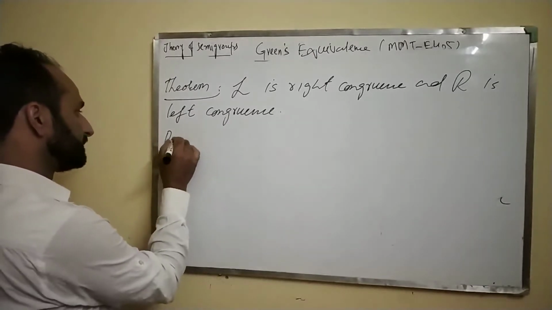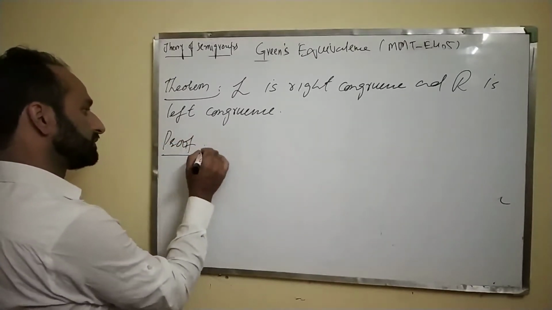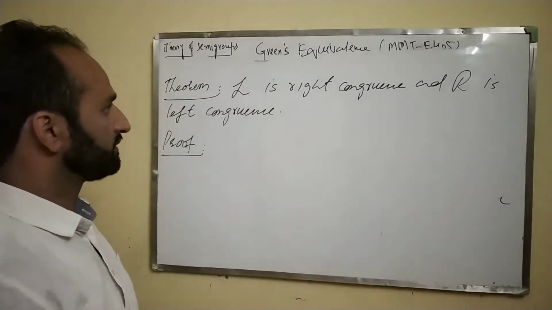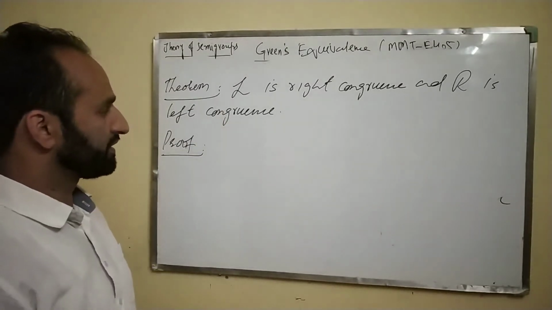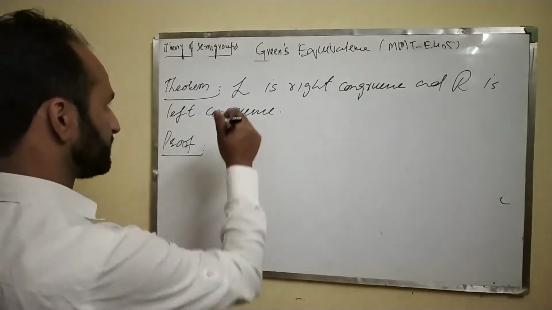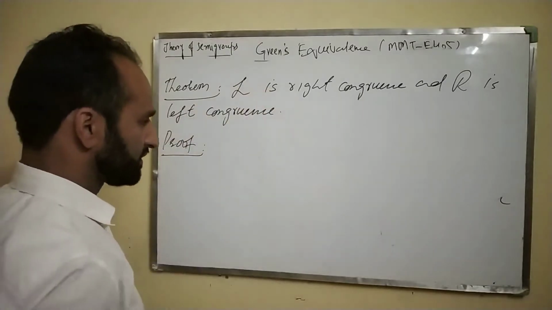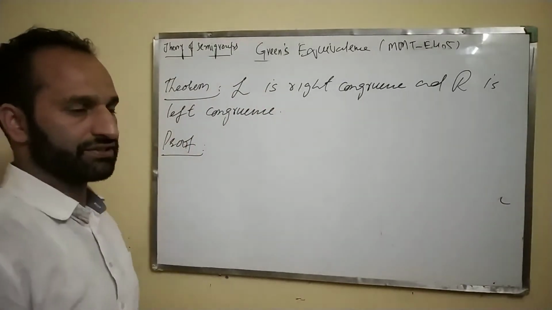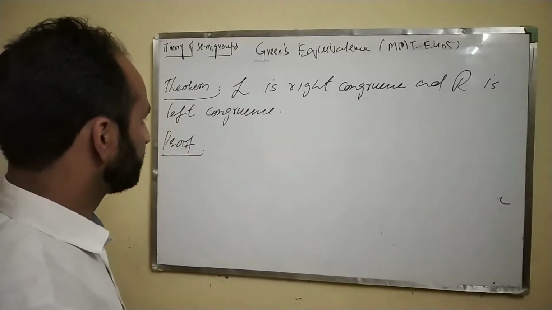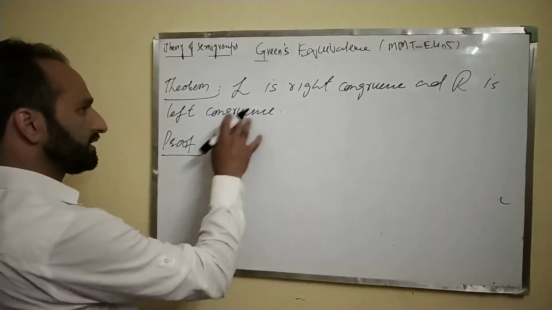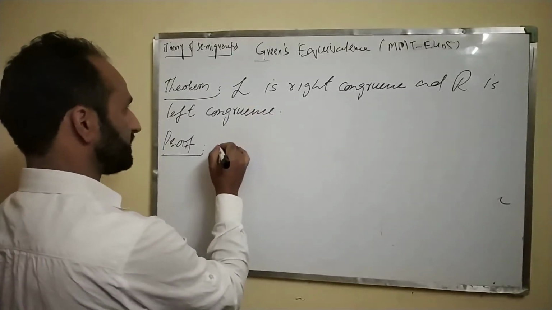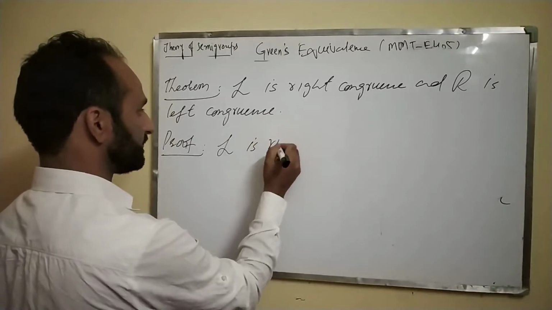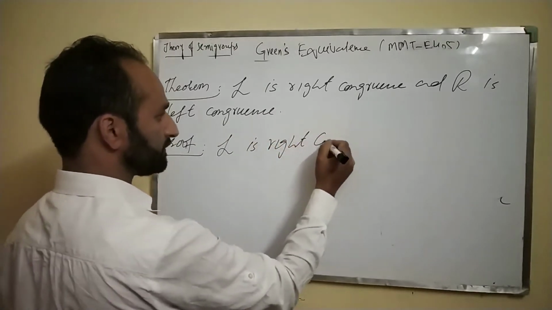Proof. L is an equivalence relation, and R is an equivalence relation. That's by definition actually, or you can easily verify these relations. They are equivalence relations. So let's prove L is a right congruence.